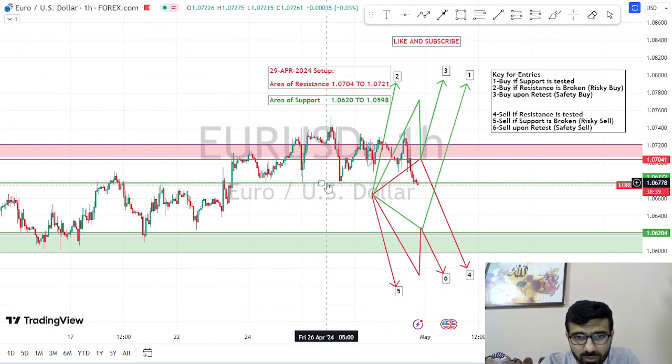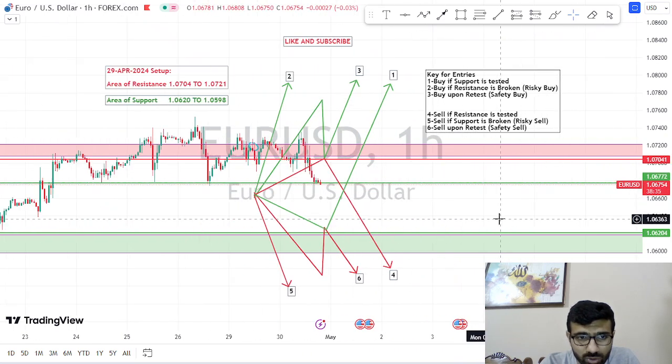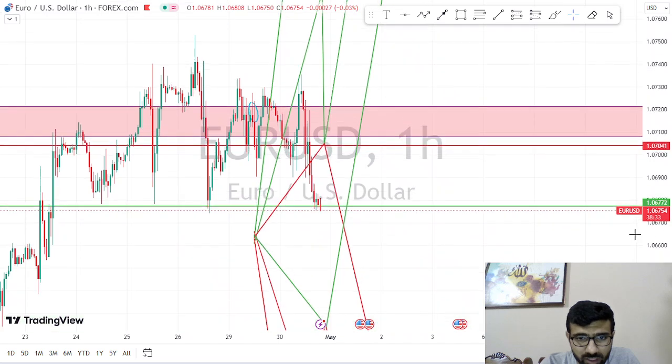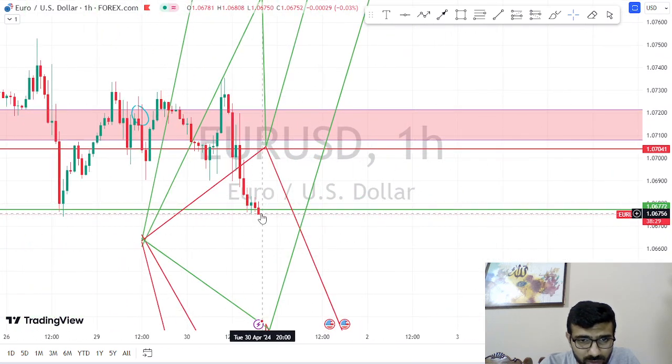Our short-term area of support is now currently being tested as well. Okay, so if you would have taken maybe a long position from this shorter side, maybe you would be just about to hit a stop loss over here.